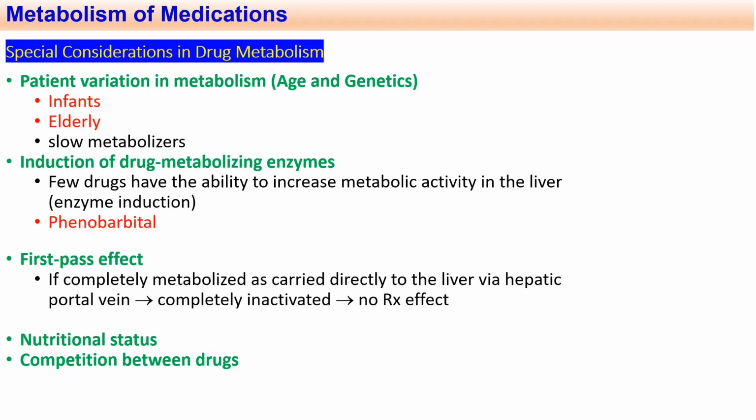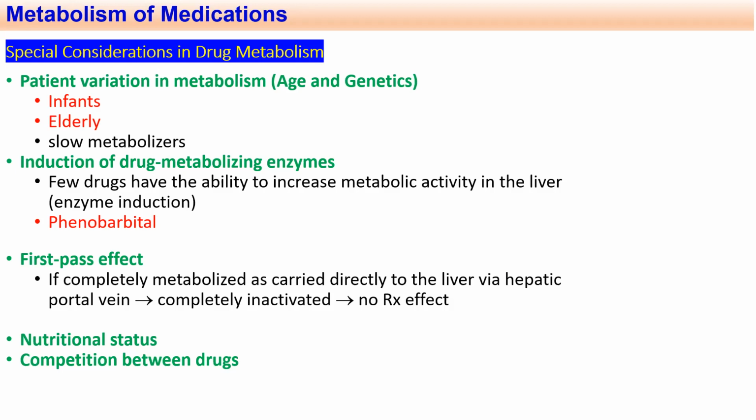First pass effect. If completely metabolized as carried directly to the liver via the hepatic portal vein, the drug completely becomes inactivated, so there is no therapeutic effect from the drug from this first pass effect.